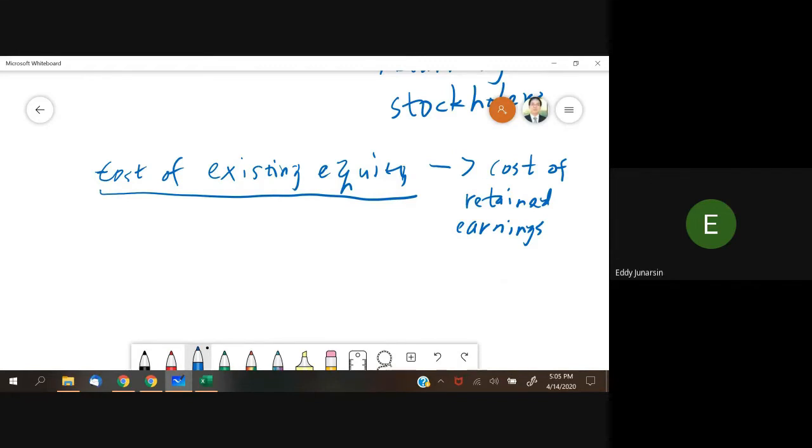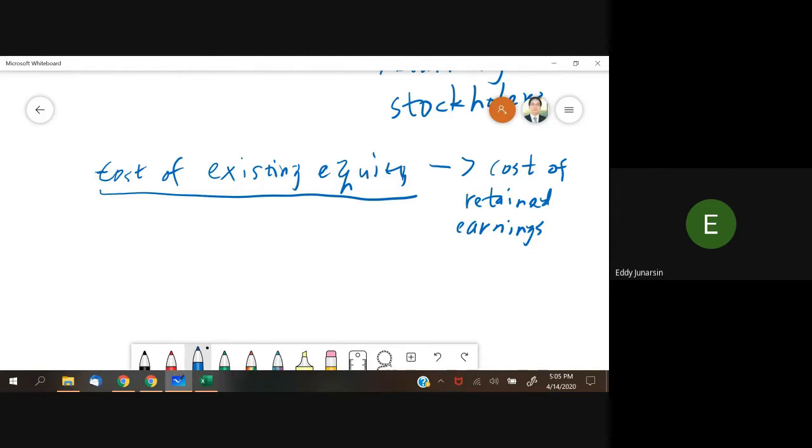So if you think about it, why should we consider it to be a cost if we use our own savings, right? But the answer is quite simple and straightforward.